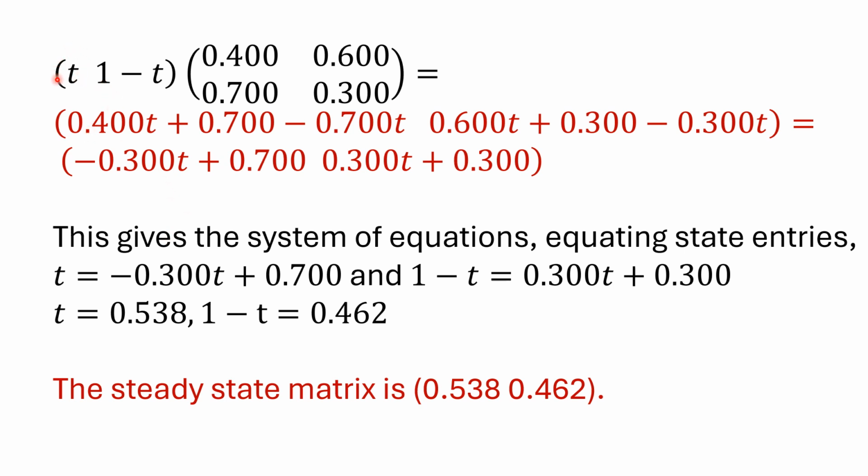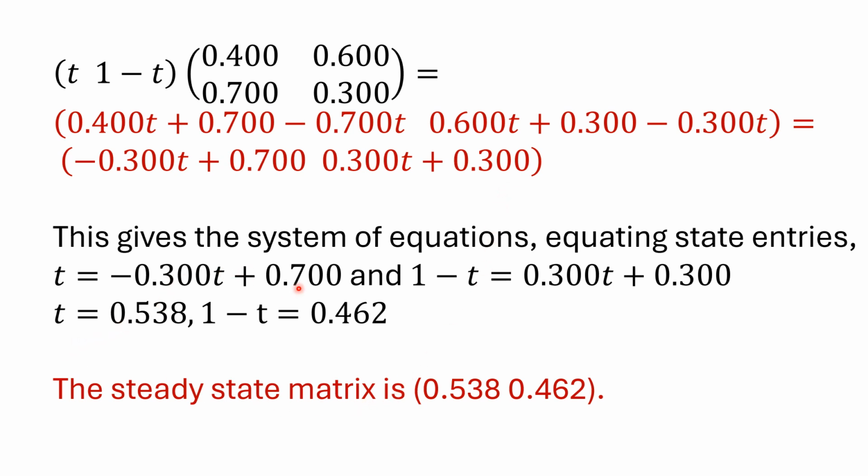But here what we can do is take this T, the first entry, and if it's a steady state, it's going to have to equal negative 0.3T plus 0.7. And 1 minus T is going to have to equal 0.3T plus 0.3.